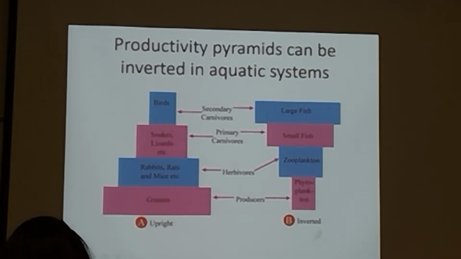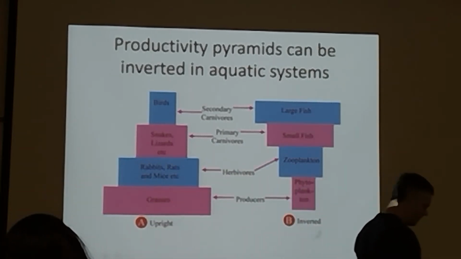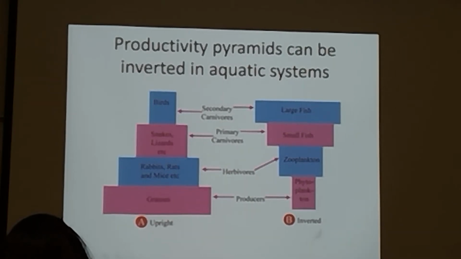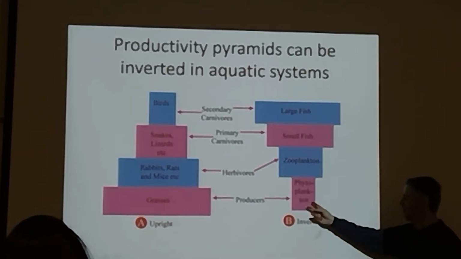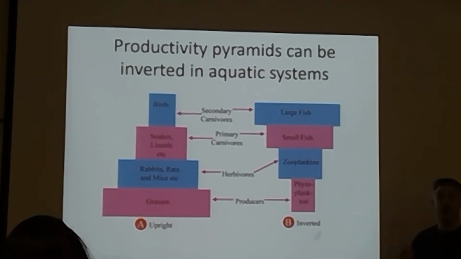For example, if you're looking just at the biomass, you can get inverted pyramids, often in aquatic systems. So here we have a situation where in an aquatic system we have very little phytoplankton, so primary producers.